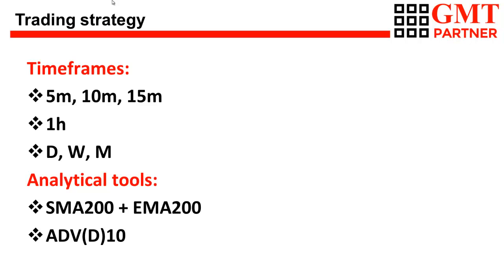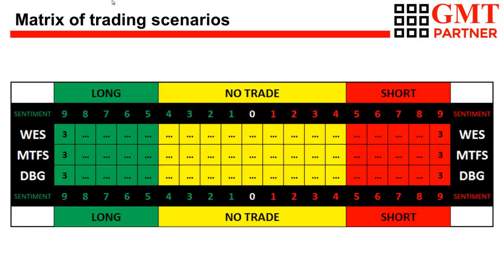The main analytical tool for this strategy is the ADV indicator. With its help, an assessment of the probability that a certain price movement will occur within the day is made. Additional indicators of the strategy are the moving averages SMA 200 and EMA 200. The main idea of this intraday strategy is as follows.